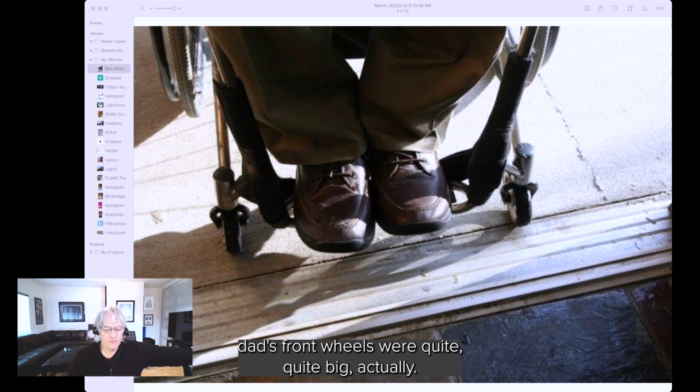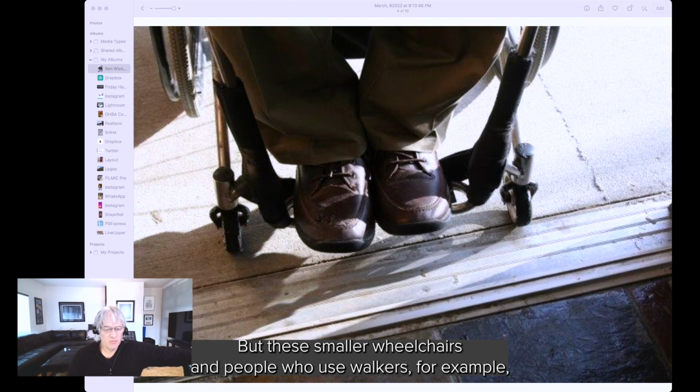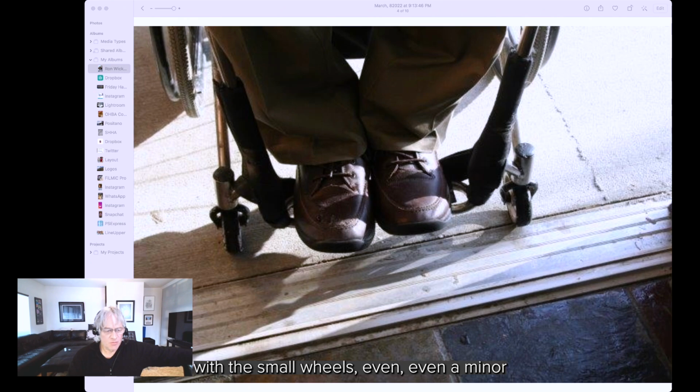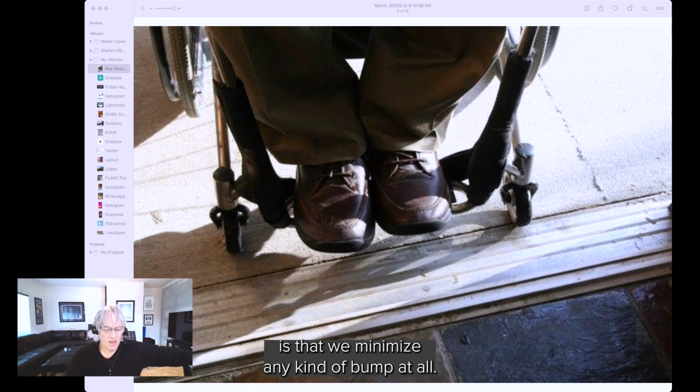My dad's front wheels were quite big, so getting over even a minor bump wasn't too hard. But with these smaller wheelchairs, and people who use walkers with small wheels, even a minor bump can be quite challenging. So what we need to really think through with the actual door threshold is that we minimize any kind of bump at all.